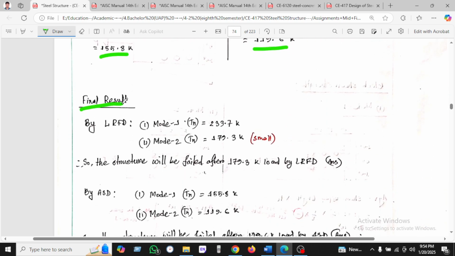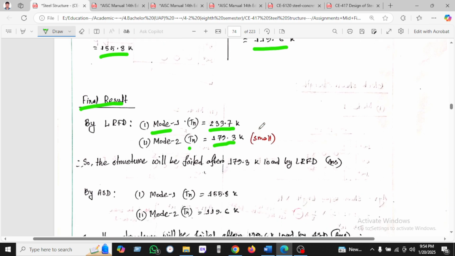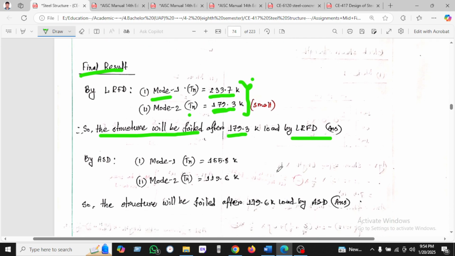So the final result: for mode 1 we found 233 kilonewton, for mode 2 we found 179 kilonewton, and we take the smaller one, which is 179. So the structure will fail after a 179.3 kilonewton load is applied on the structure as per the LRFD method.